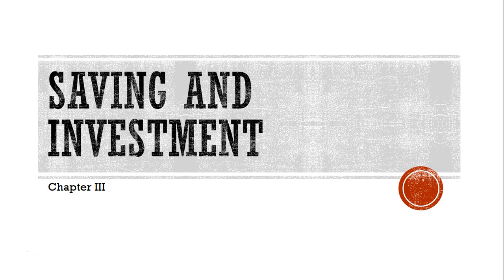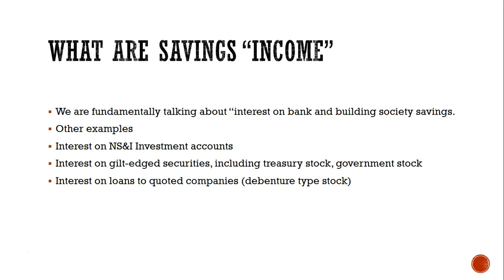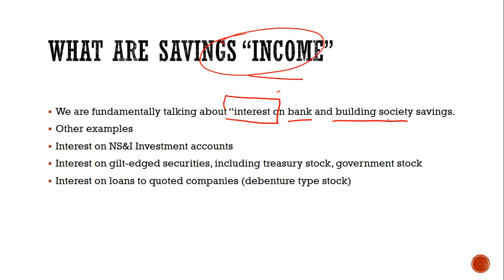Okay, let's go. So, what are we talking about here when we talk about savings income? See, my pen's working, brilliant. Good. So when we talk about savings income, we're really fundamentally talking about interest, if you like. You have people that have money in the bank, savings in your savings account or your building society, that's what we're talking about here.